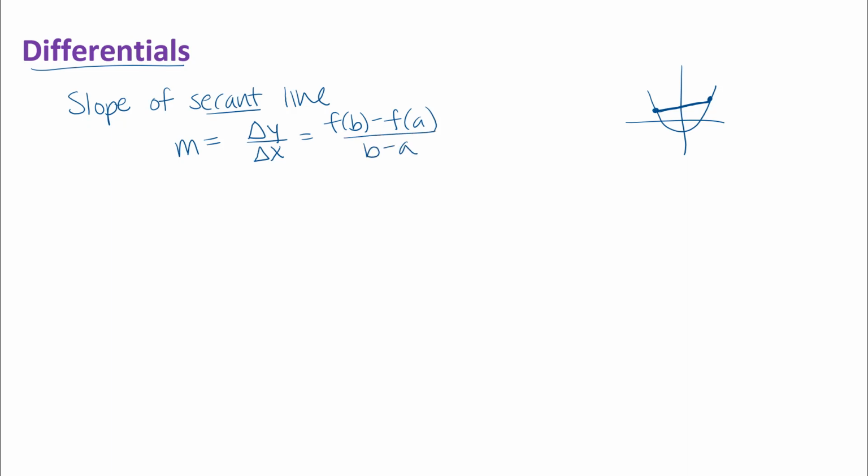Or when we started to talk about derivatives, we labeled one of those points as x and another point as x plus h. And so we had f of x plus h minus f of x all over x plus h minus x.